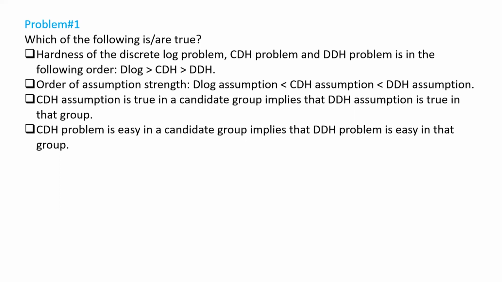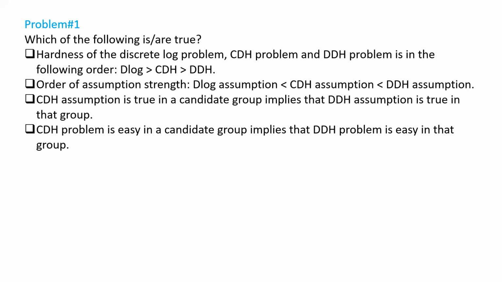The DDH problem is you are provided with a triplet of the form g to the power alpha, second element g to the power beta, and a third element, let's say R. So the third element R could be either of the form g to the power alpha beta, or this third element can be any uniformly randomly chosen element from the group, the cyclic group we are talking about. So any uniformly random group element.